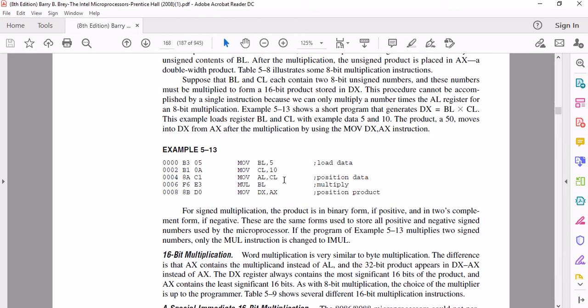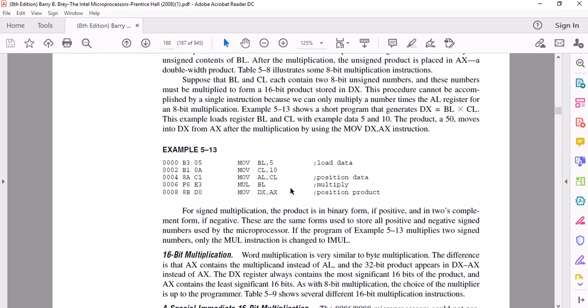Then we position the data in AL, that is used by default for the multiplication operation. So MOV AL, CL, the value 10 is moved in AL.